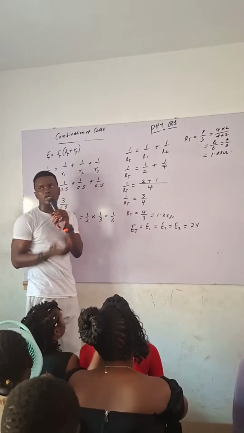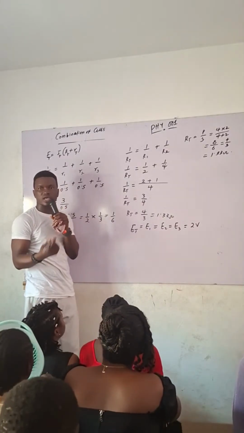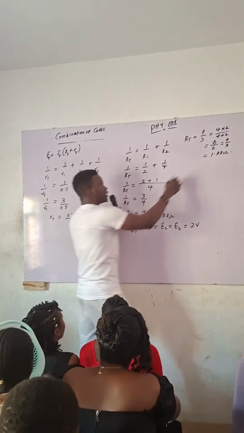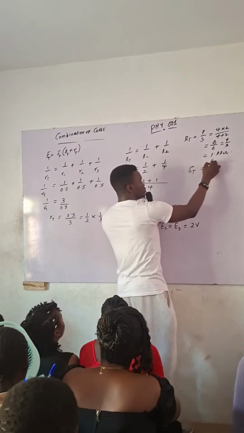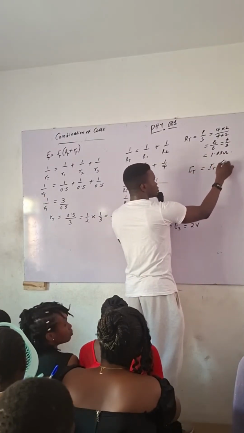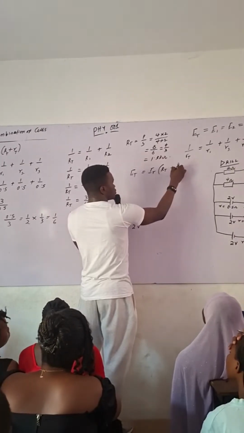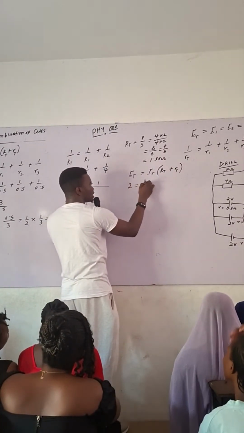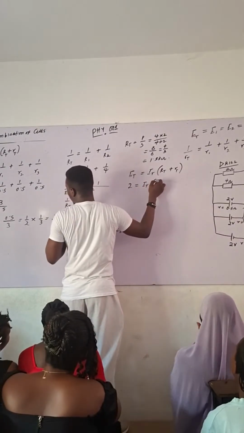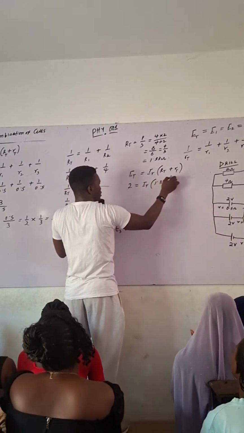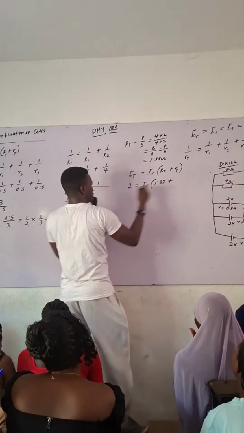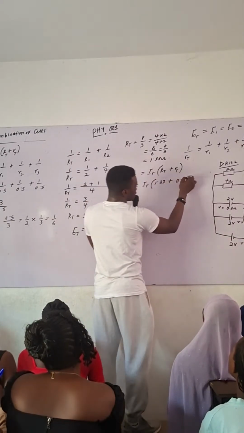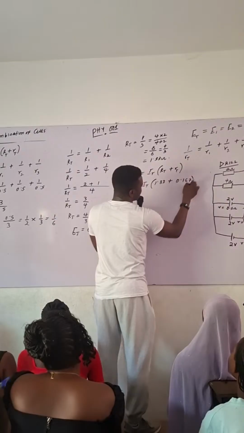So now that we know E total, what do we do next? We get our I total. So that means our E total is going to be I total into R total plus small r total. And now we can have 2 is equal to I total into 1.33 plus 0.167.